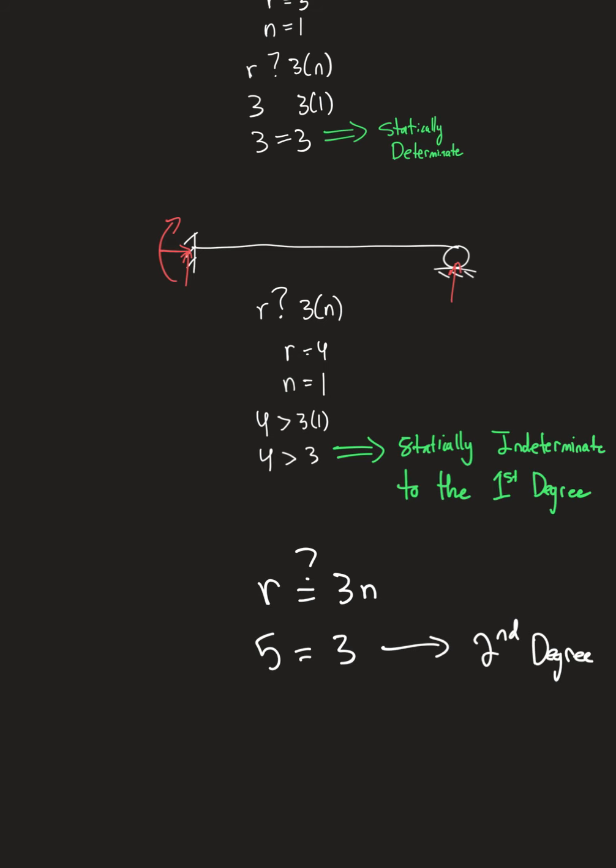So if we had 2 additional equations, we could solve the problem. And that's really all that's saying. So in the next video, we'll go ahead and look at how we can apply this to frames and a couple more complicated structures. And then we'll also review the concept of stability.